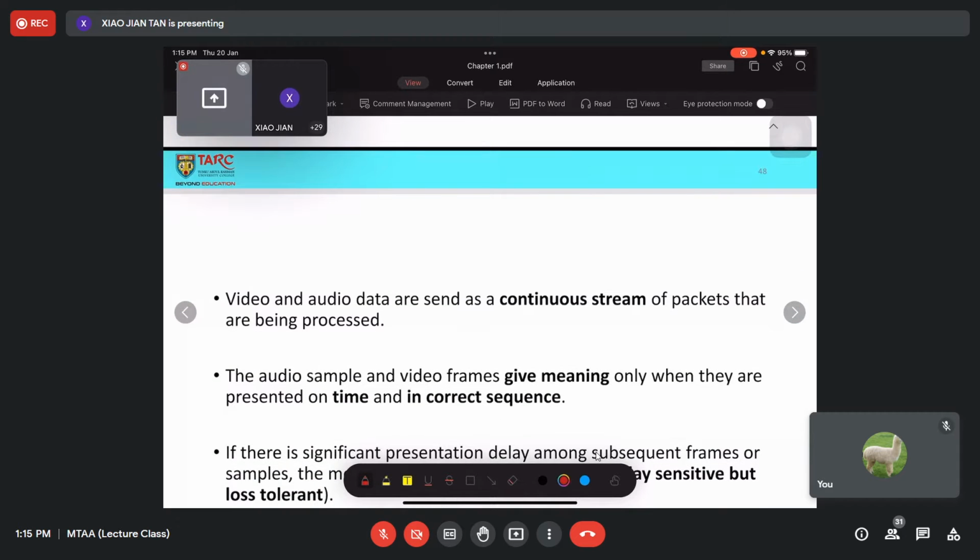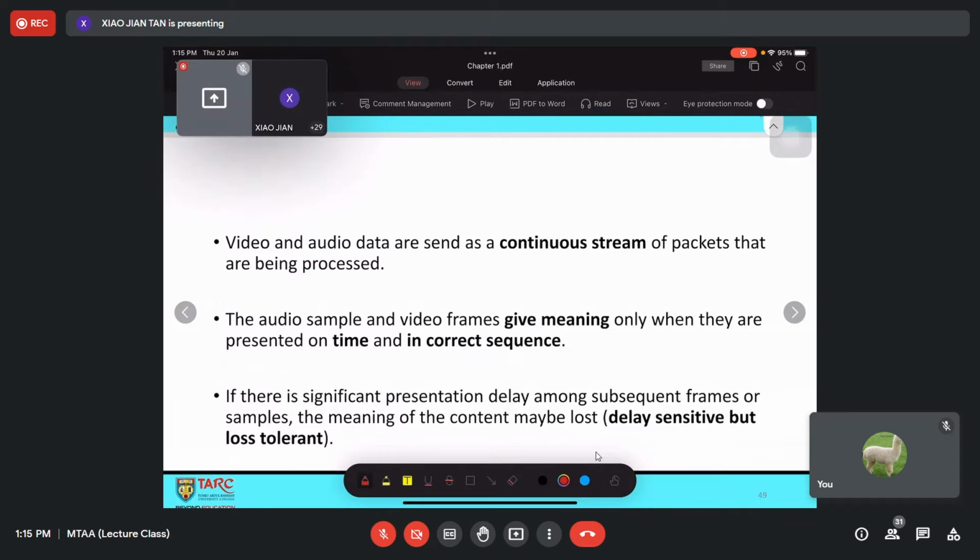So video and audio data are sent as a continuous stream of packets that are being processed. The audio samples and video frames give meaning only when they are presented on time and in correct sequence. This is very important. Although video is something very common to us, you have to know that in order to play the video, the sequencing is very important.